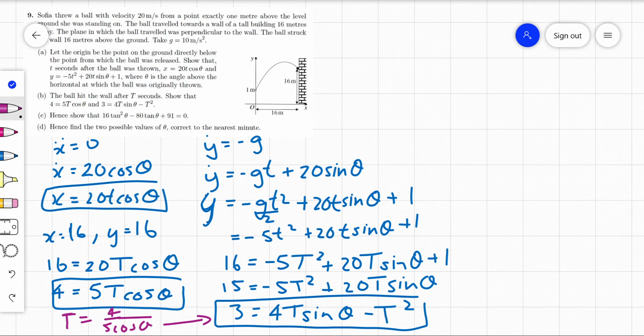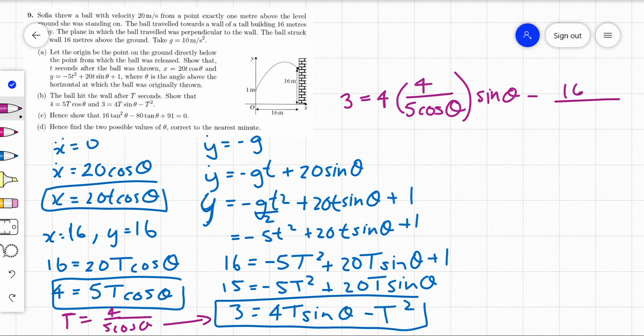So we're going to get 3 equals 4, instead of t, I'm going to put 4 on 5 cos theta, and we've got sine theta minus t squared, so that'll be 16 over 25 cos squared theta.